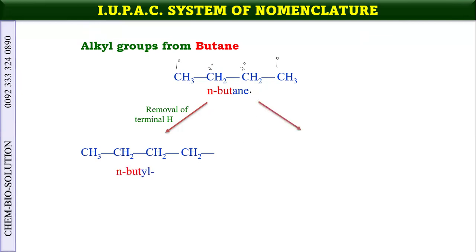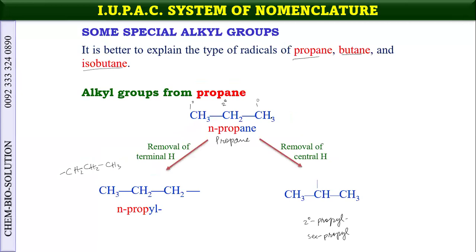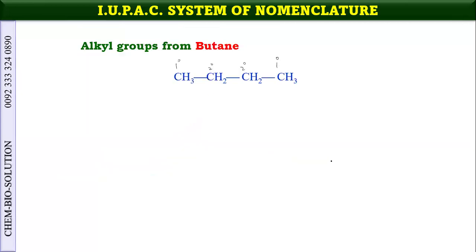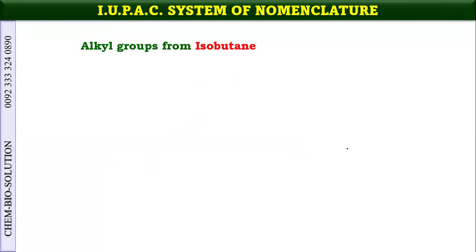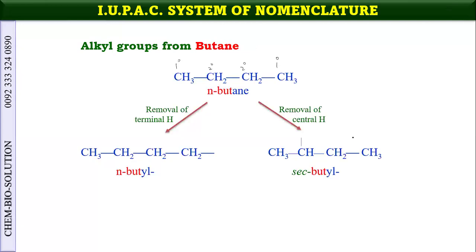But when hydrogen is removed from any of the 2-degree carbon atoms, then it is called secondary butyl, sec-butyl, just like sec-propyl in the previous slide. This is also called secondary propyl because hydrogen was removed from the 2-degree carbon atom. Similarly here.